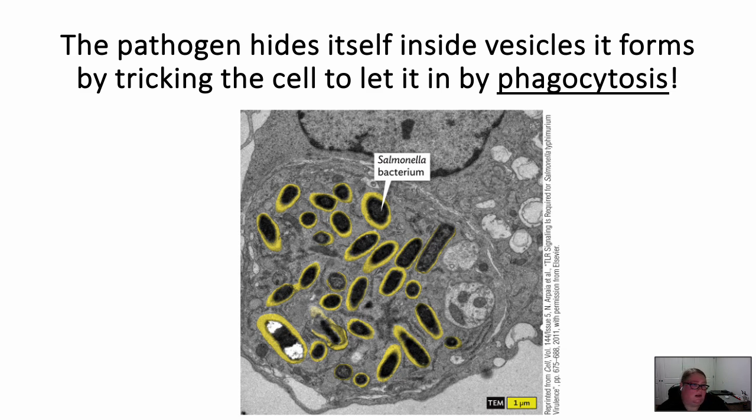It has created a way to hide itself, where it's safe from antibiotics and safe from your immune system, so it can grow and thrive in these vesicles. In fact, the process of Salmonella hijacking your vesicles, your endosomes, is a method of pathogenesis. Remember, pathogenesis is how pathogens cause disease. So this is one of the ways that they can continue to cause disease.